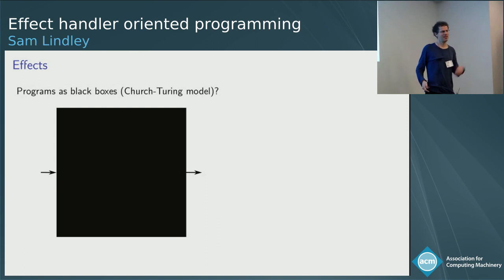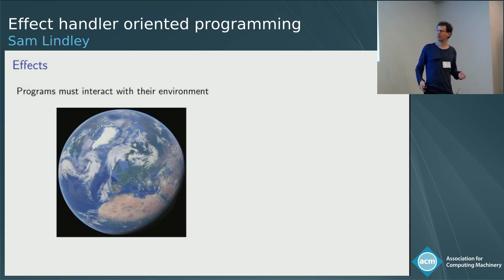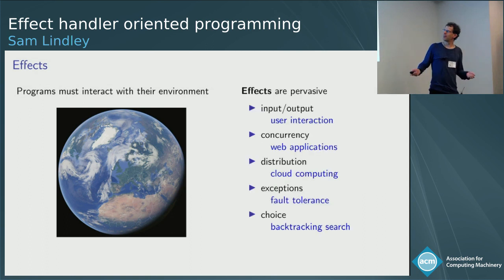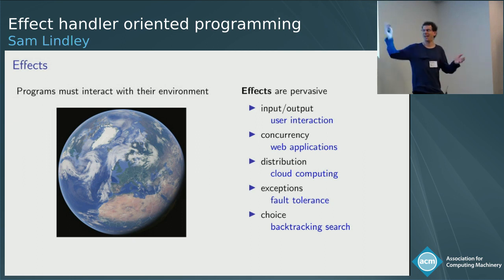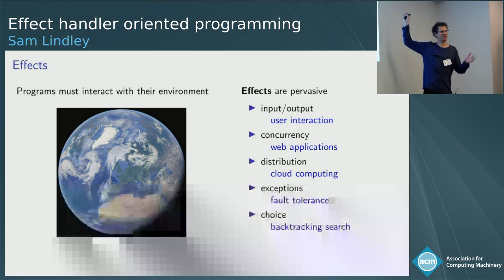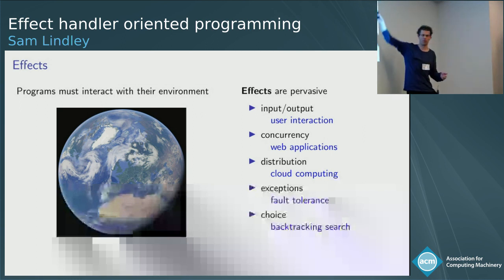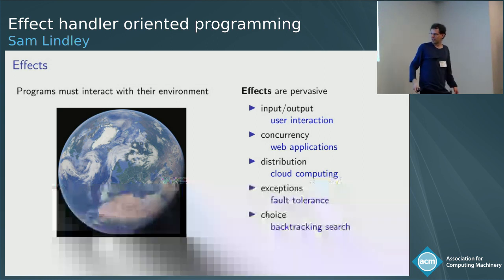But even as functional programmers, we do need to write programs that interact with their environment. And this kind of interaction we call effects. And effects are everywhere. We have all of these kinds of things: I/O, concurrency, distribution, exceptions, choice, etc.